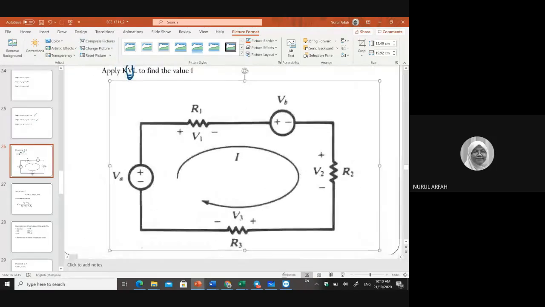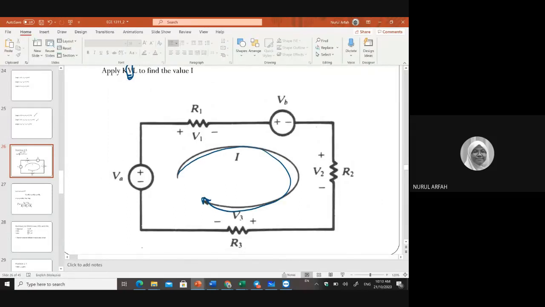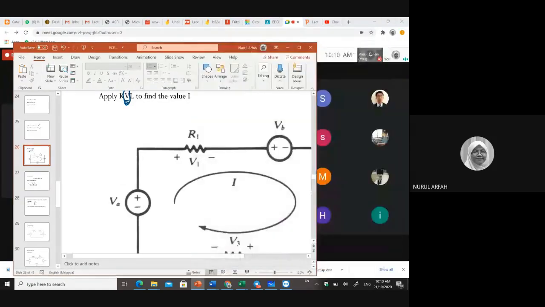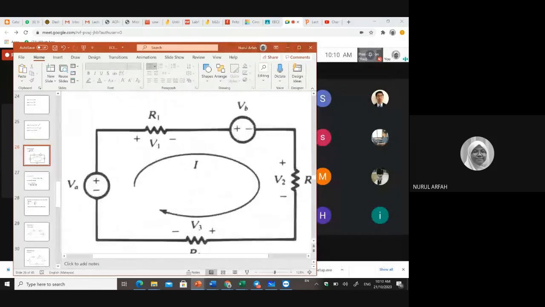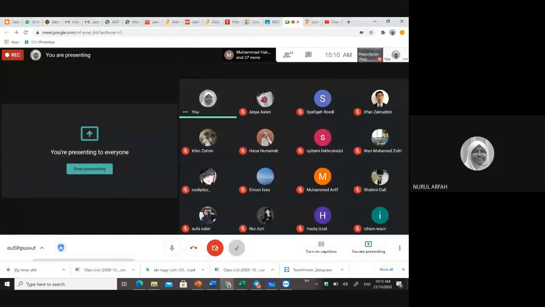This one you are lucky because they already give you the imaginary current. When they give you the imaginary current, you just apply according to the rules. Can someone, or maybe all of you, try this one? Write down in the chat box here.